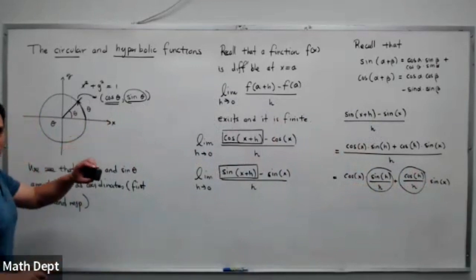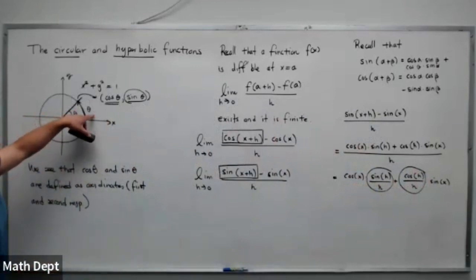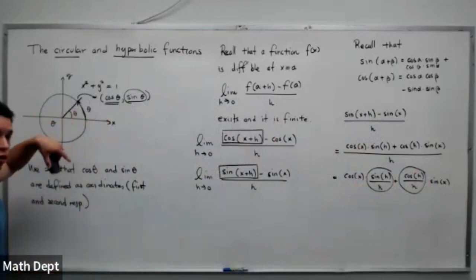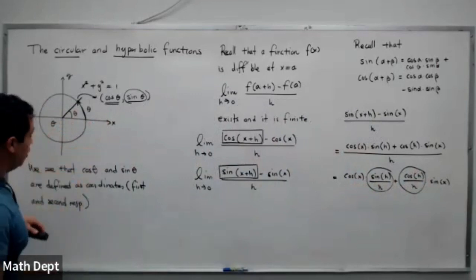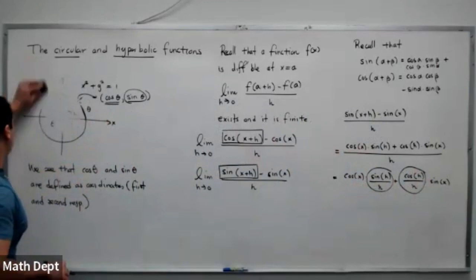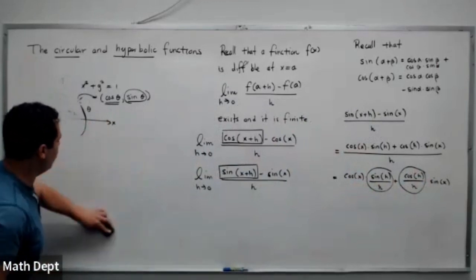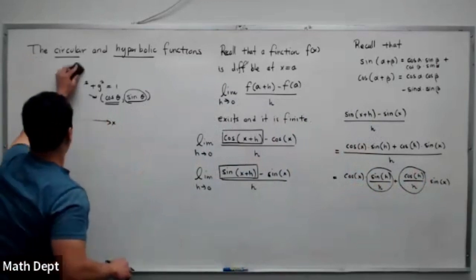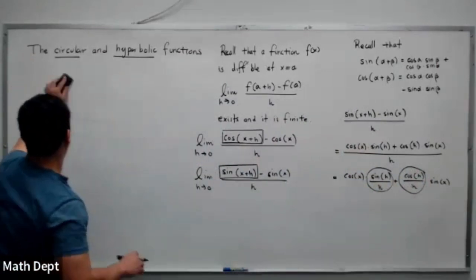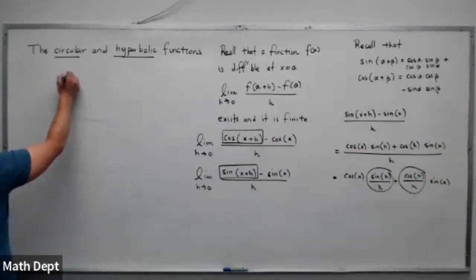And for that, I'm going to use the unit circle that we used to define the sine and cosine functions. So I'm going to erase this picture, as I have to include a little bit more things.